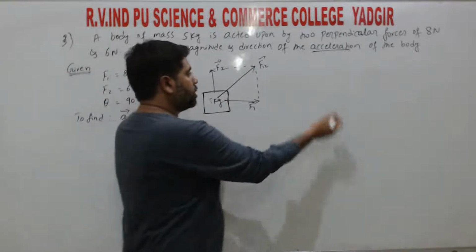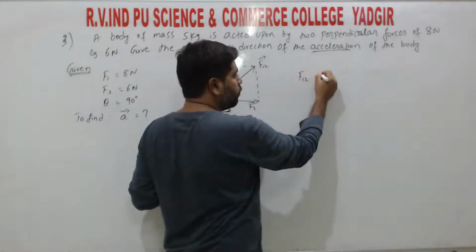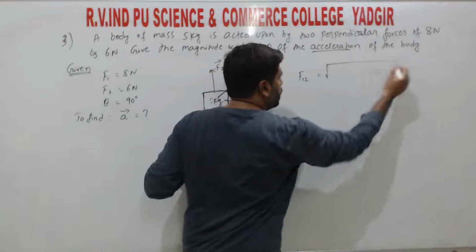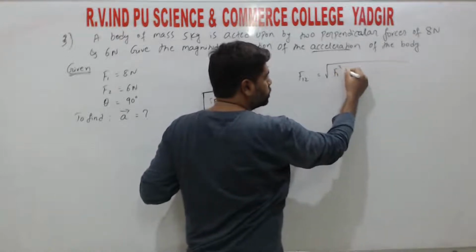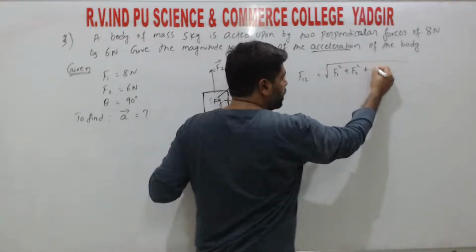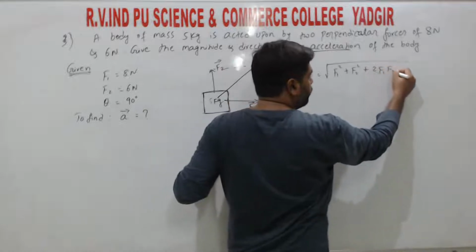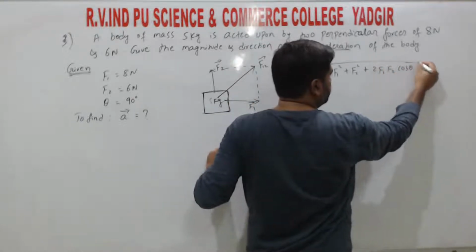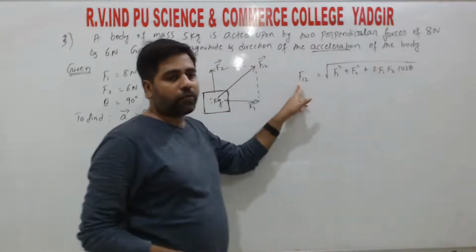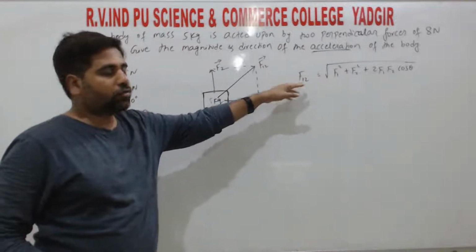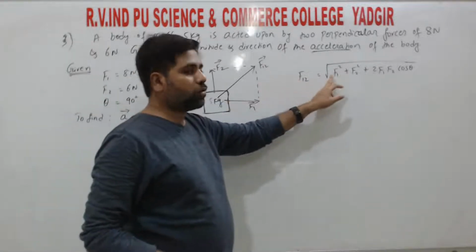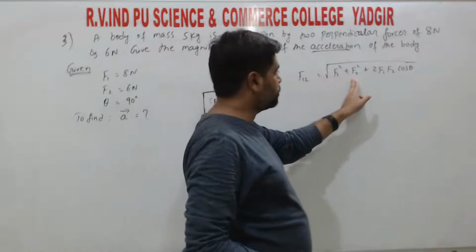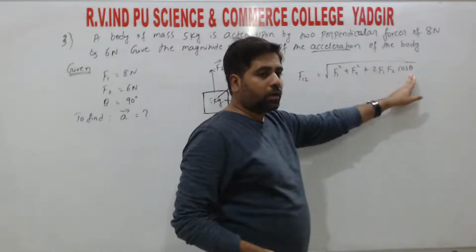By the formula, F12 equals the square root of F1 square plus F2 square plus 2F1F2 cos theta. So this is the resultant of the two vectors, with the formula square root of a square plus b square plus 2ab cos theta.